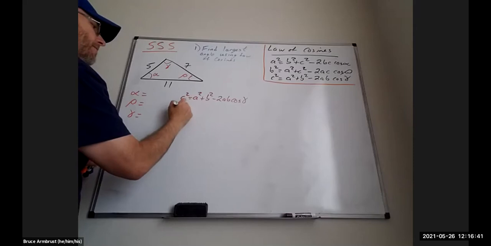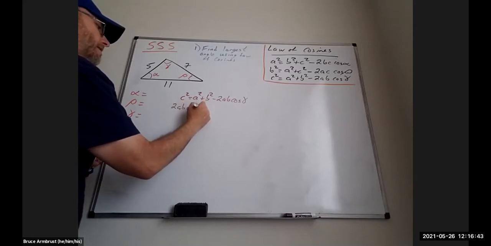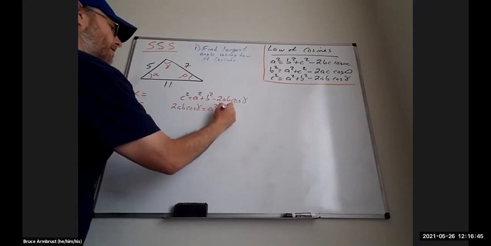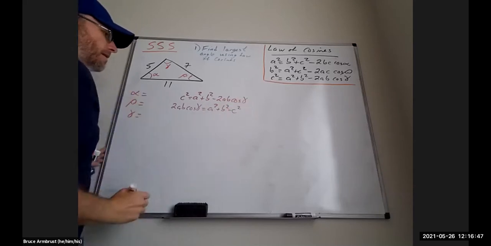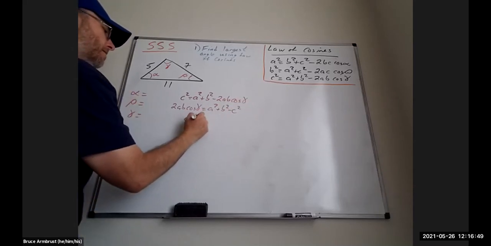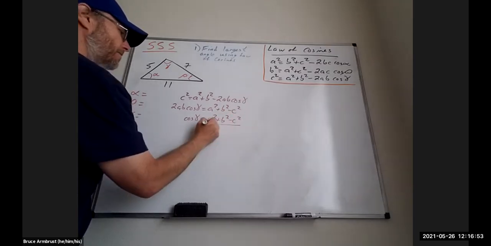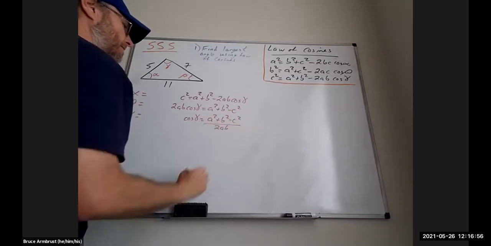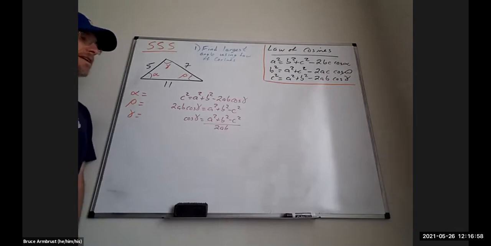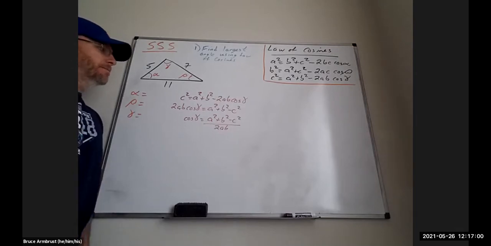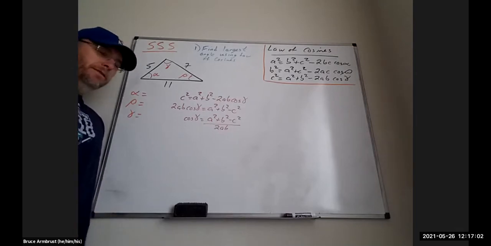I'm going to rewrite this real quick and solve it for cosine of gamma. Just a little bit of algebra here before I plug in numbers. I've got that the cosine of gamma is going to be a squared plus b squared minus c squared over 2ab.